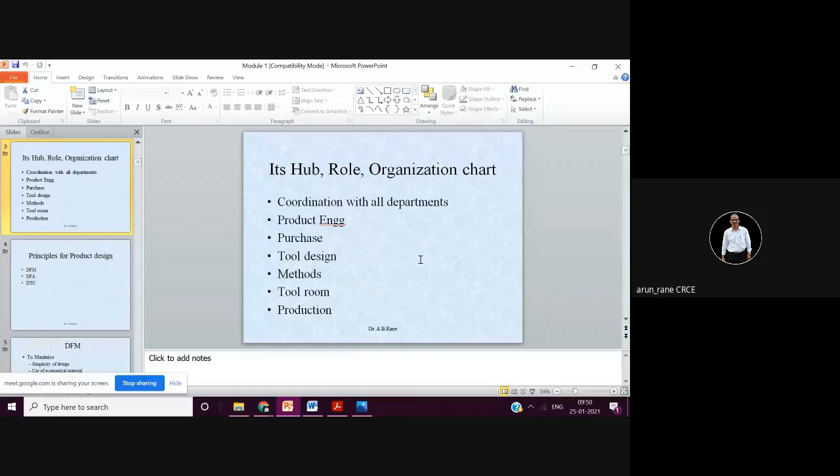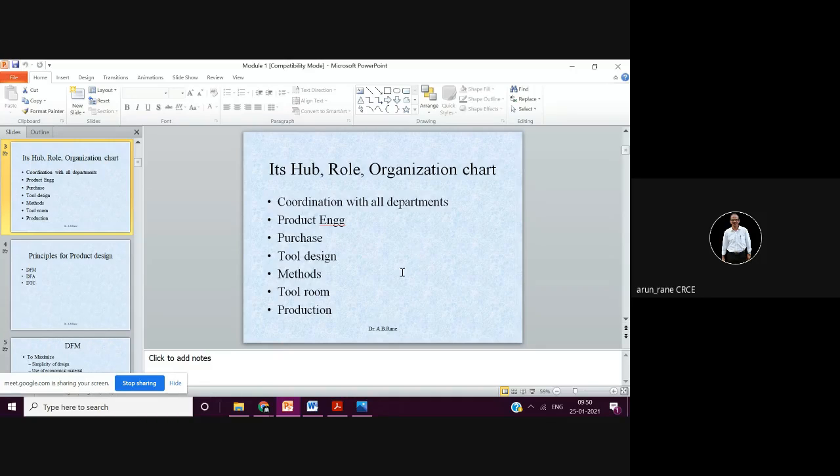Then the production engineer, or process engineer, will make the plan for how to do the manufacturing, whether any tools are required, and what the methods will be. He will interact with the tool design, the tool room, and the production. In most big companies, the process engineering department is a separate department.